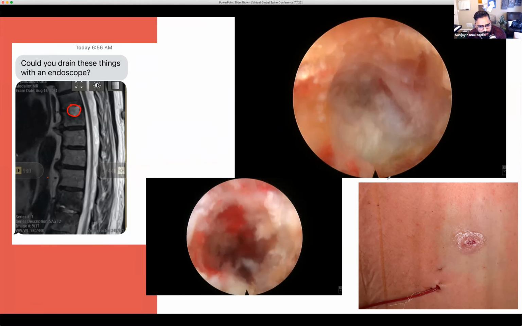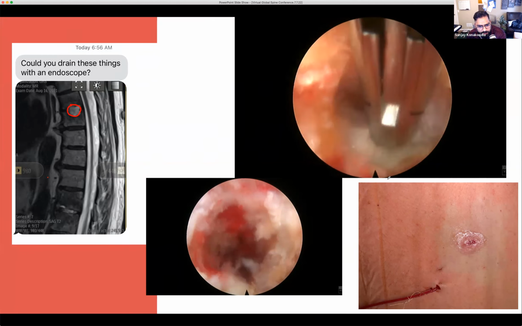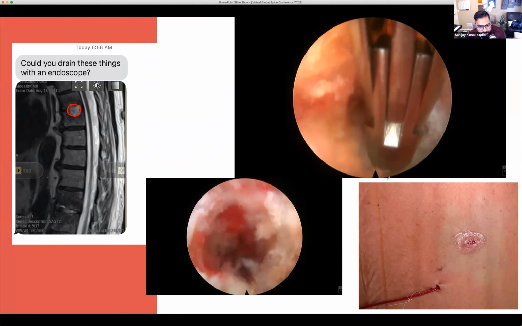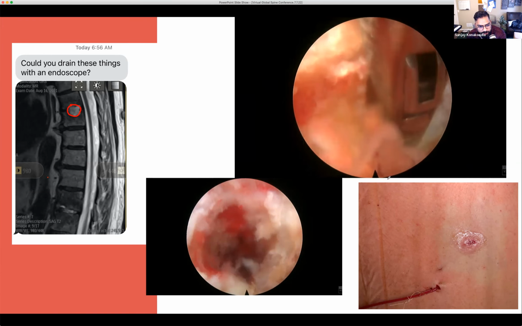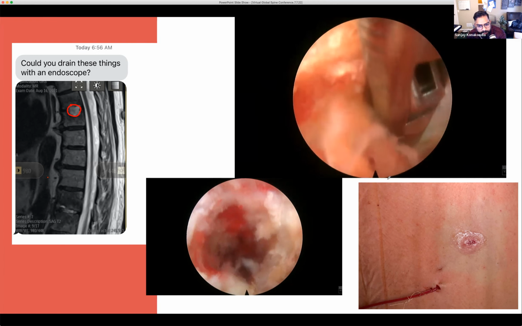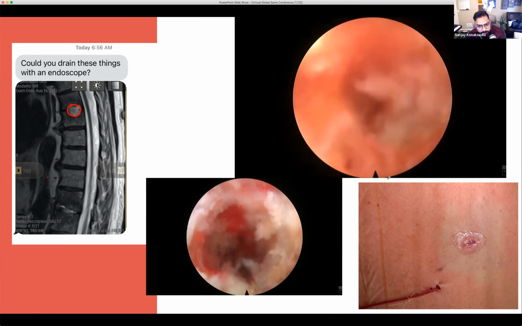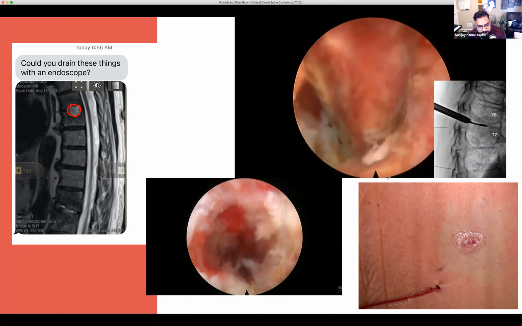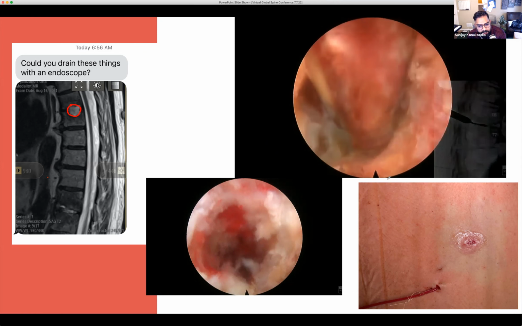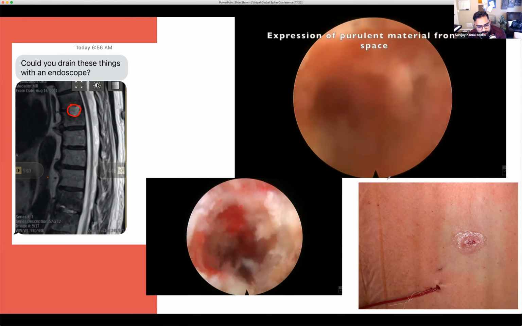So this is a quick video of getting down to the disc space, pituitary graspers, identifying the disc space through your fluoroscopy again to confirm, opening the annulus, and this is a bipolar device. You can use it as a dissector sometimes to get into these areas. And once you take this out, you can see the purulent material expressing itself from the disc, which was nice to see.